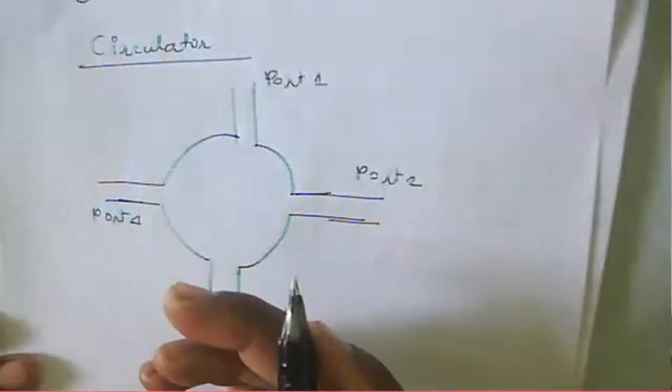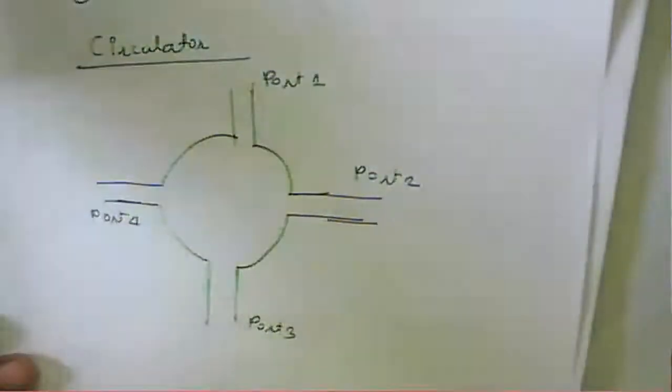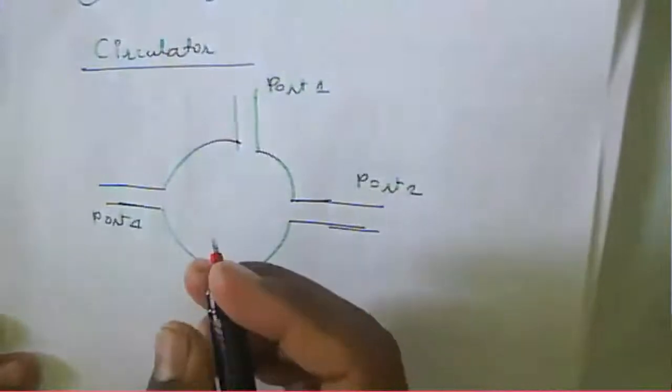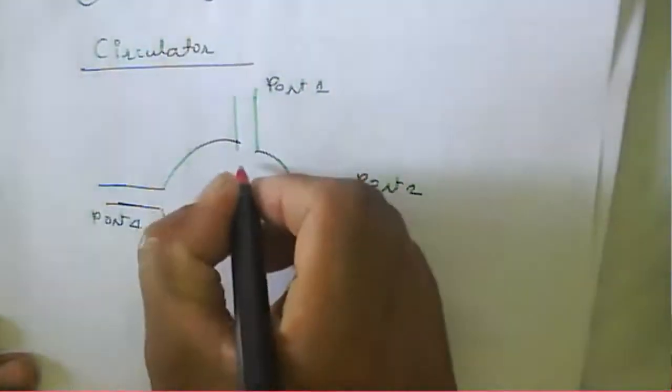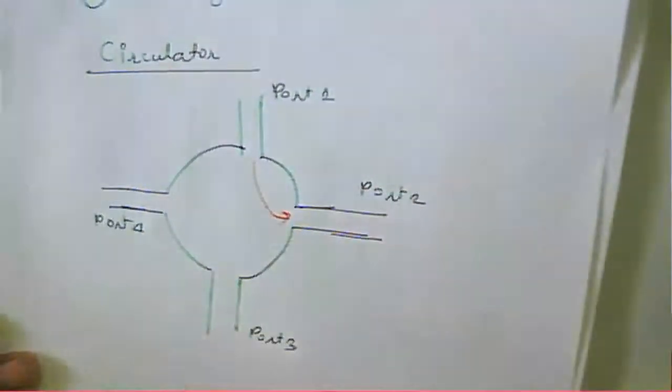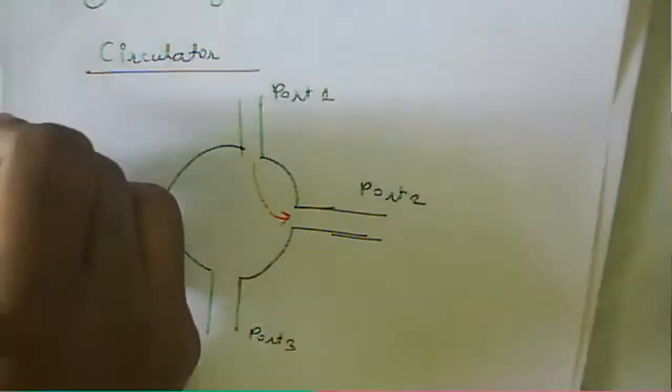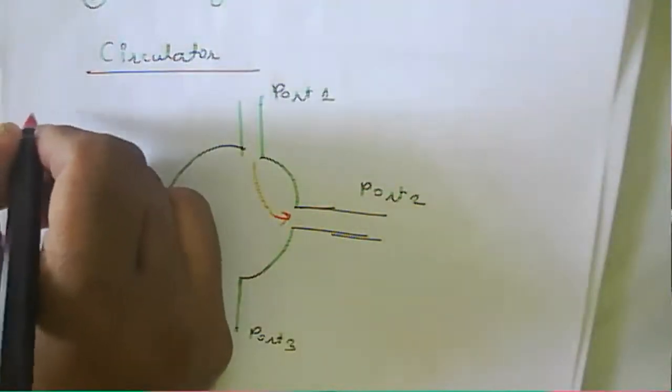In this particular case, when we provide the input to port 1, output is available at port 2. Circulator means what? How does it work?